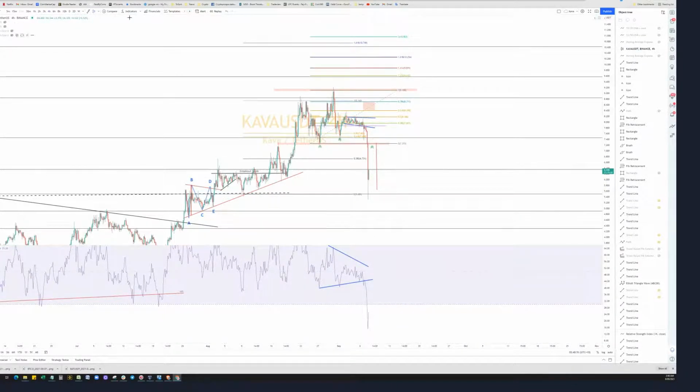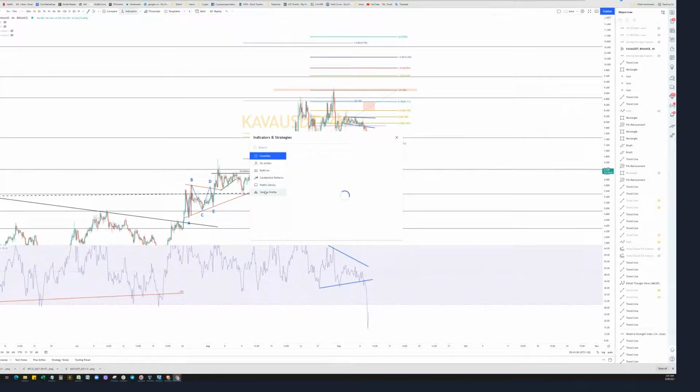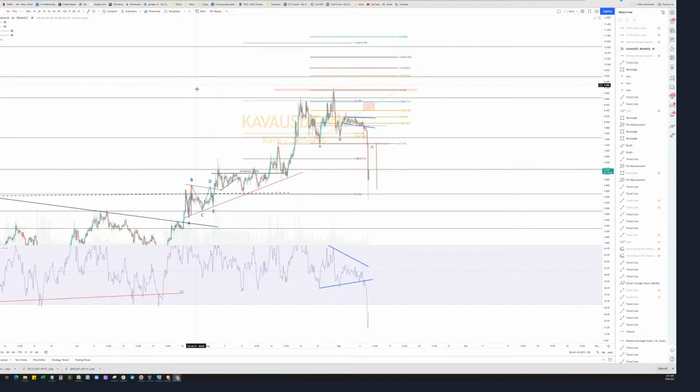And realistically, if we were to add the last part to this, come on. Let's put the volume. There'll be a massive candle there, I think.